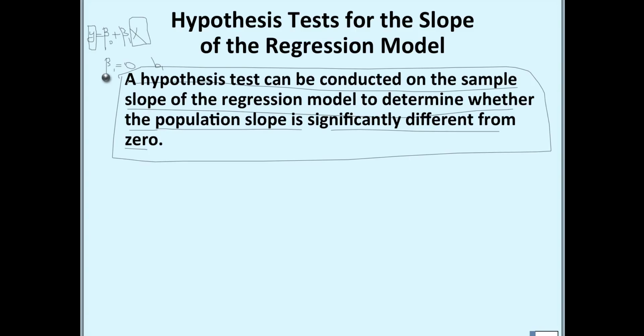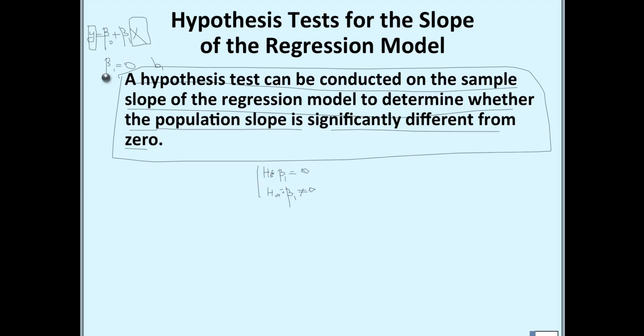Ideally, we want to reject the null hypothesis, because if we cannot reject the null hypothesis, that means we didn't have enough evidence to say beta 1 is not equal to 0, is different from 0. So 99% of time you're interested in a two-sided test that checks whether beta 1 is equal to 0 versus beta 1 is not equal to 0.